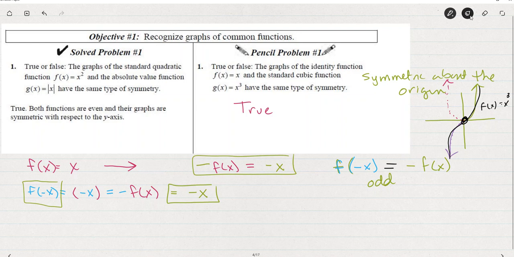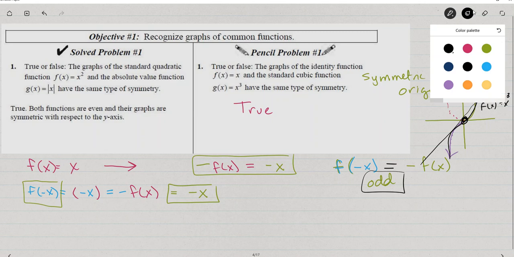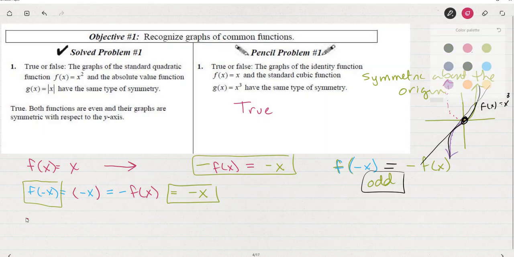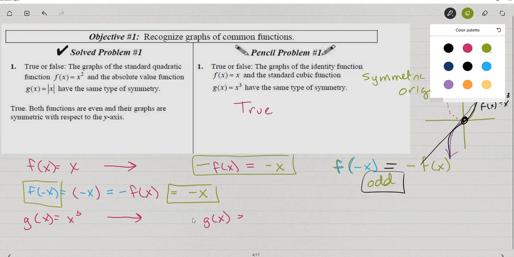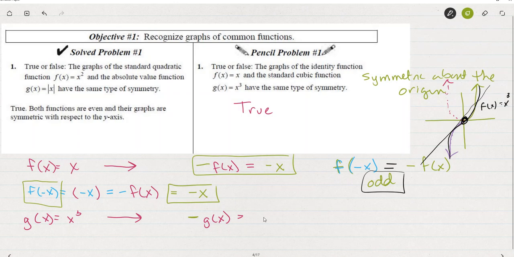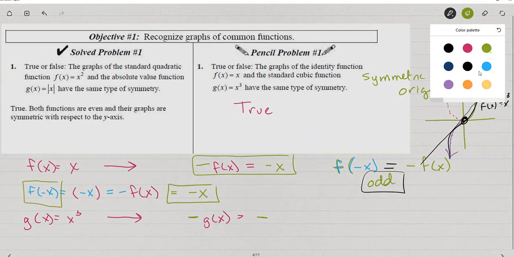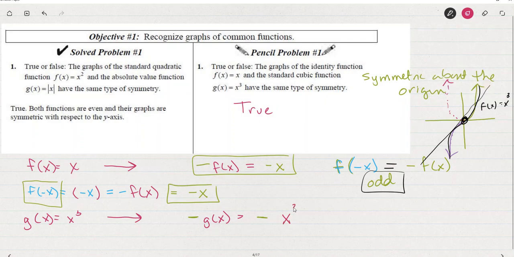We could see that the same thing happens for the line f of x equals x, and that's the one we proved first. Let's look at the algebra now behind g of x. If g of x is x cubed, then I could say that the opposite of g of x, the opposite of that function, would be the opposite of x cubed.